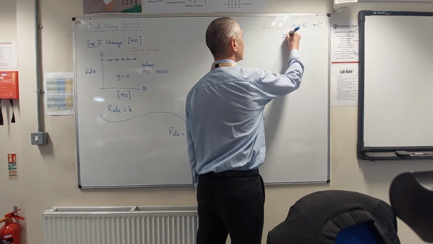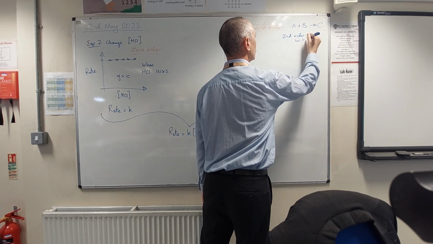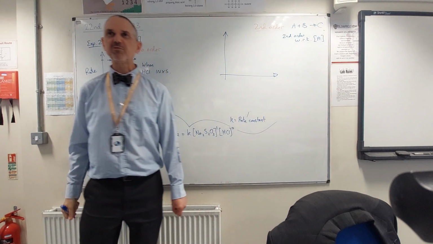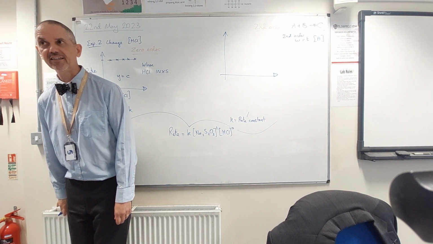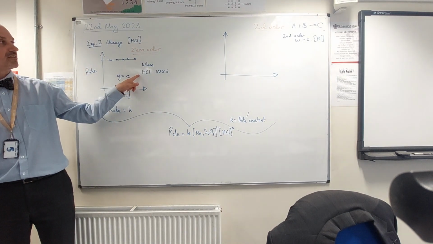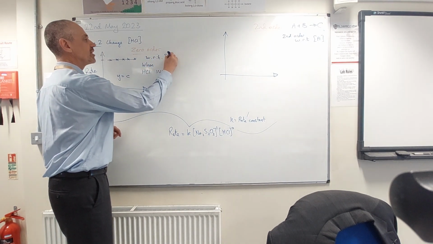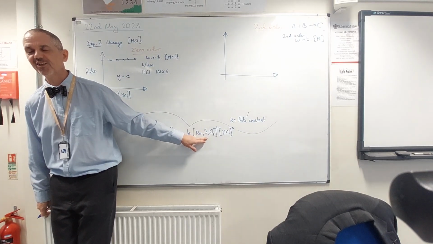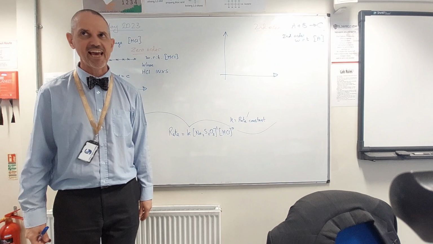We say second order with respect to, if you come across that in maths, WRT, the concentration of A. So here it was zero order with respect to concentration of HCl. It was first order with respect to the concentration of thiosulfate. Now it's second order with respect to A, whatever A is.